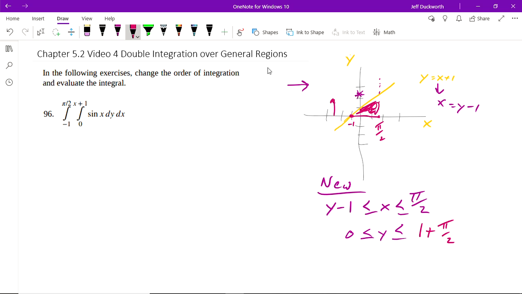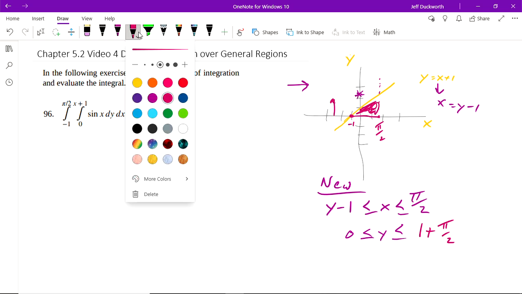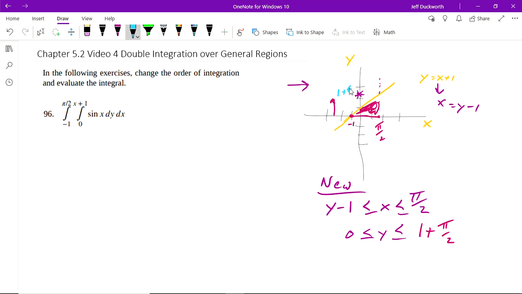So this point here is 1 plus pi by 2. Okay? So that's how we're going to have to rearrange this.